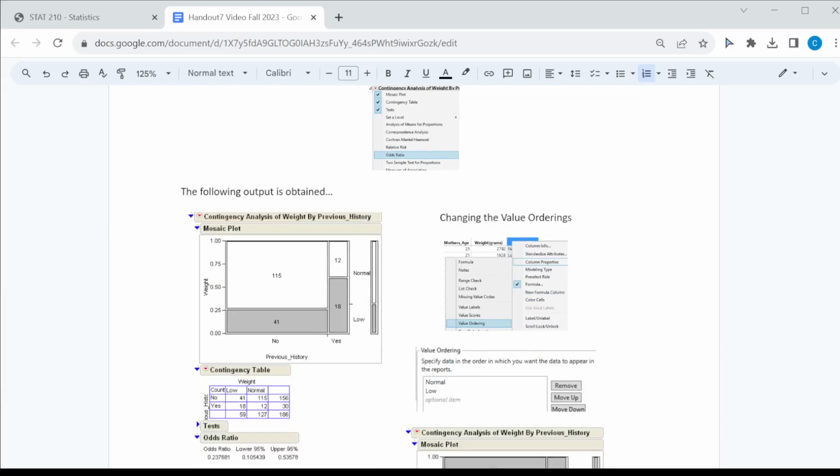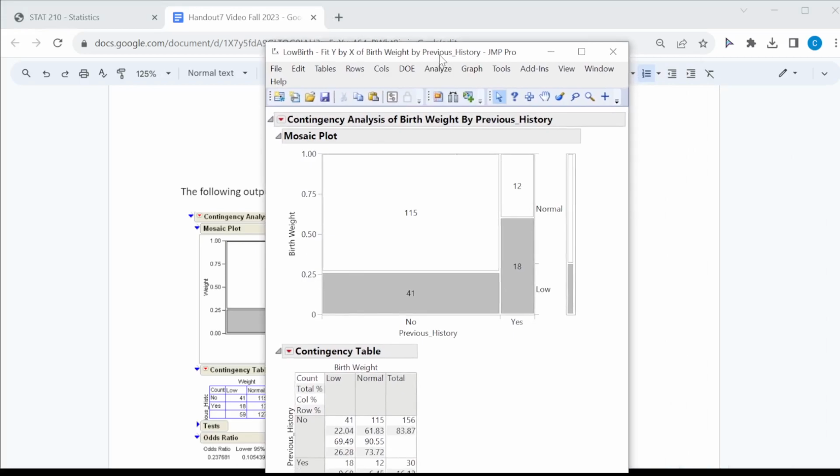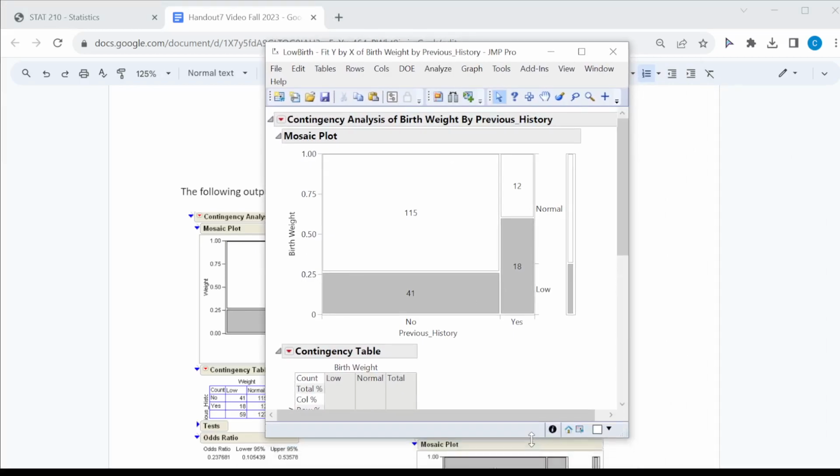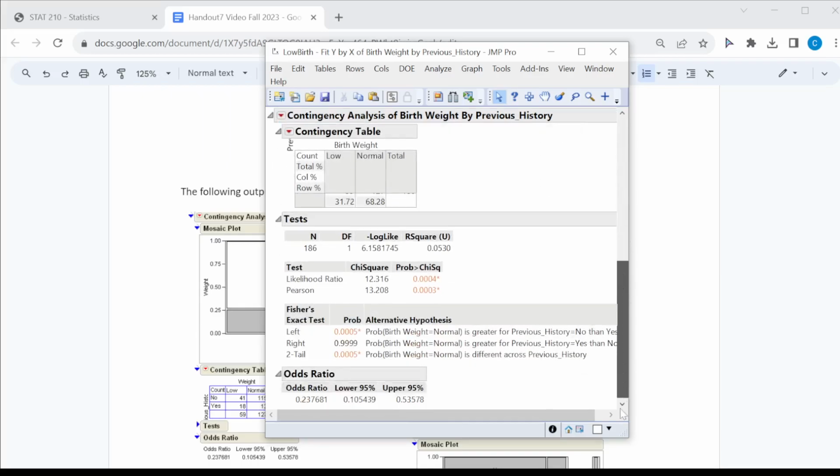Now, when I'm doing these in JMP, this example here is the one we're looking at, where I have previous history. This is the 41:115:18:12. If I ask for the odds ratios here, let me go ahead and do that, it doesn't ask me which ones I want computed or how I want it to be computed. And in fact, the default here in JMP actually did it backwards.